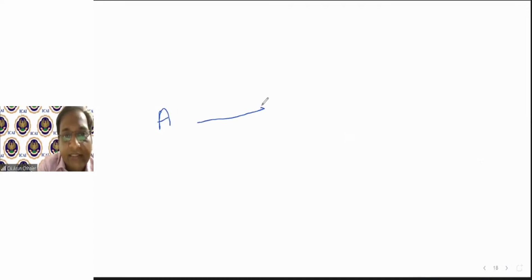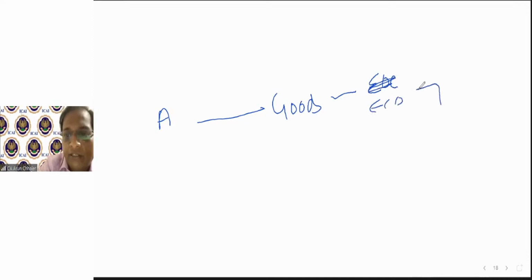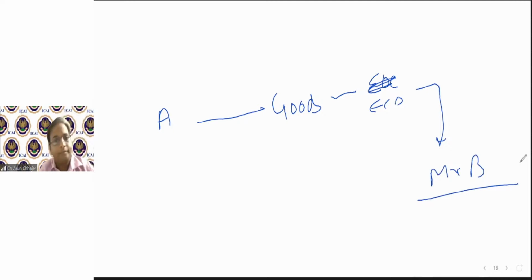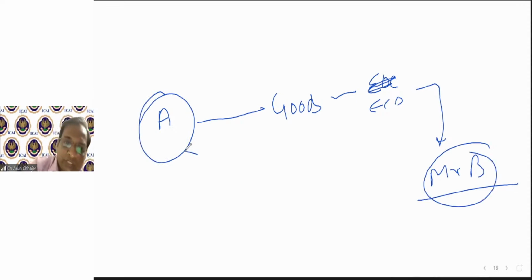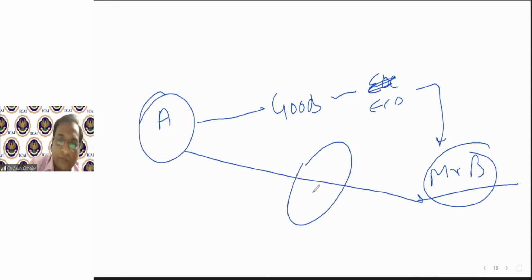A is supplying the goods through an e-commerce operator to Mr. B. A is supplying the goods to Mr. B but through ECO.